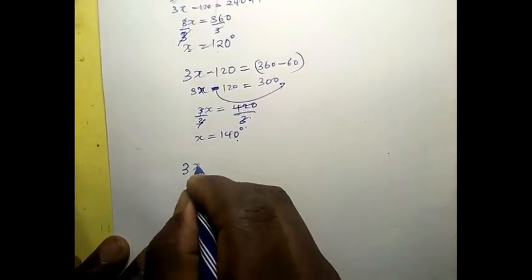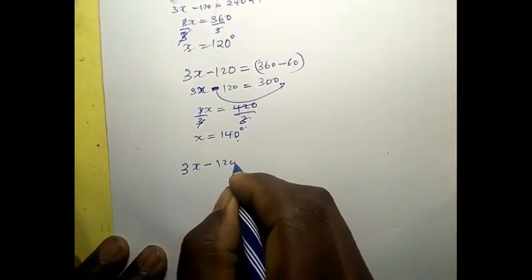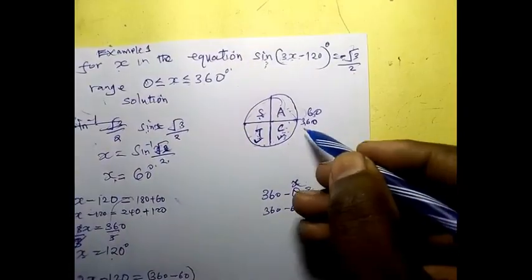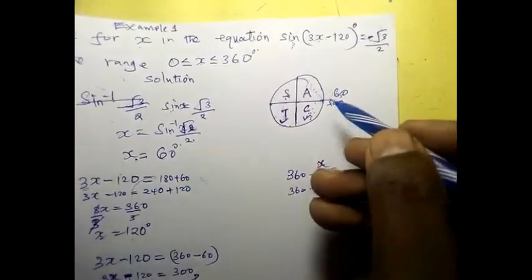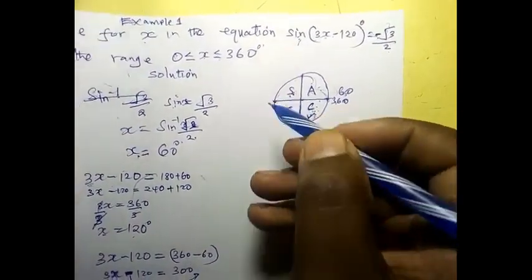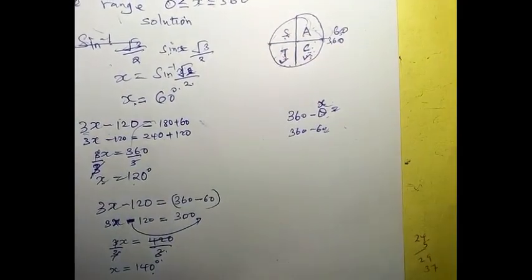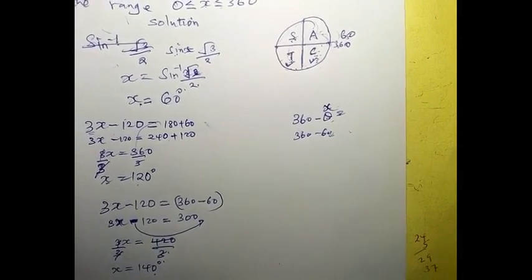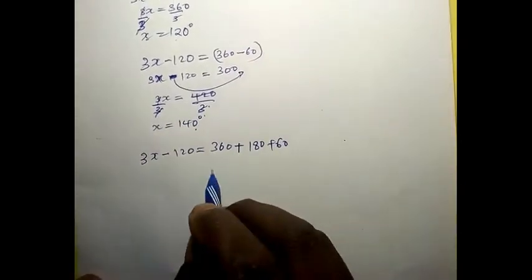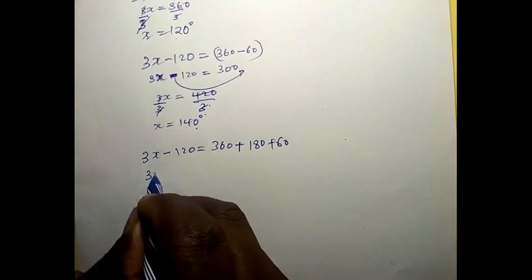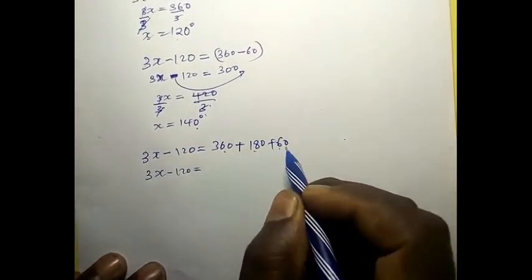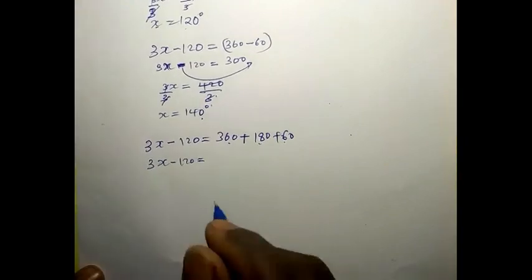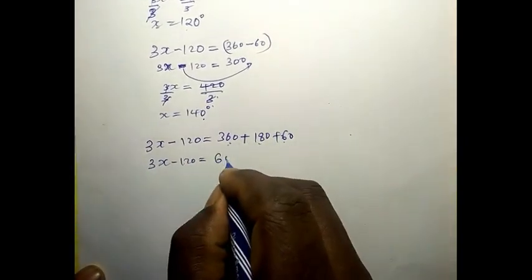So 3x minus 120 equal to, we are here 360 plus 180 up to here plus x is 60. I hope you are seeing. So we have 3x minus 120 equal to, add this plus this plus this. So this one would be 600.